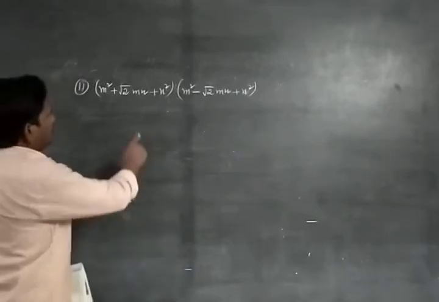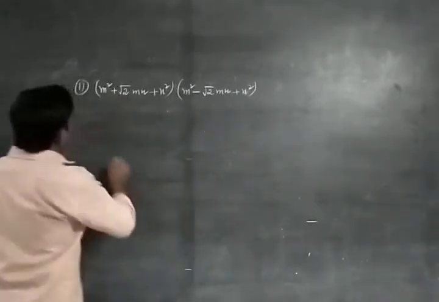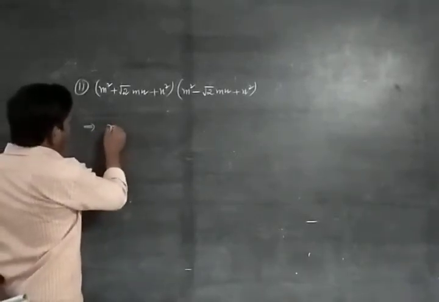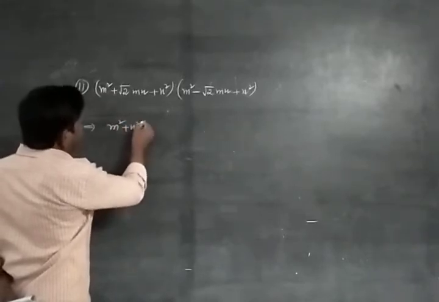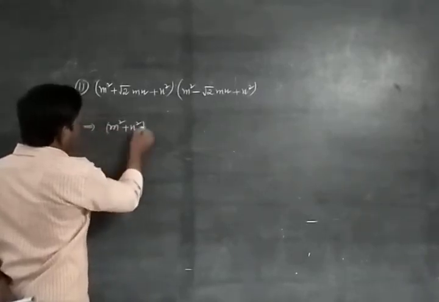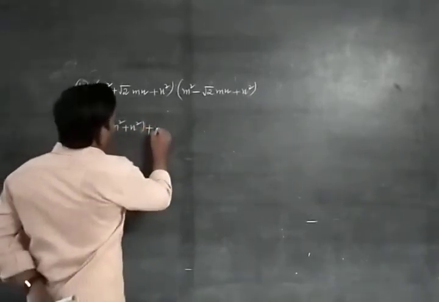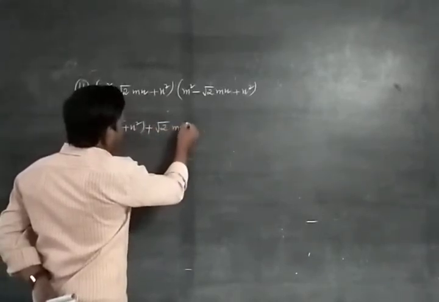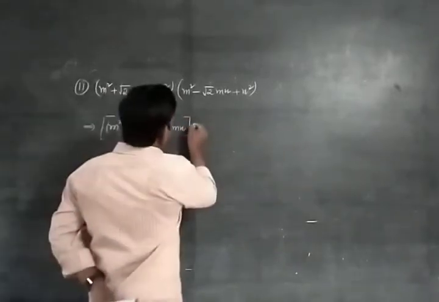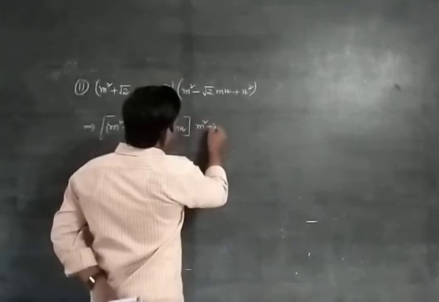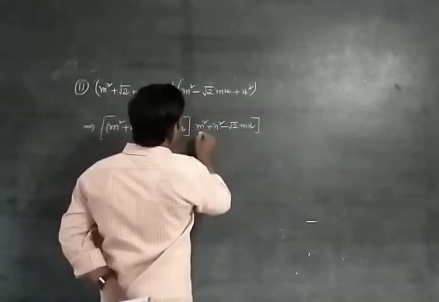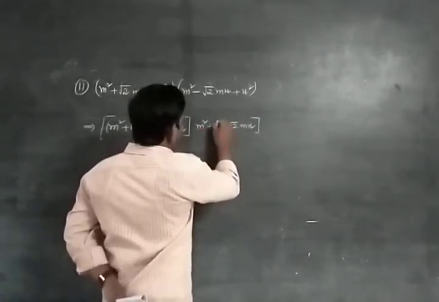These are the two products. This is a rearrangement of the square bracket m square plus n square plus root 2mn, and m square plus n square minus root 2mn.